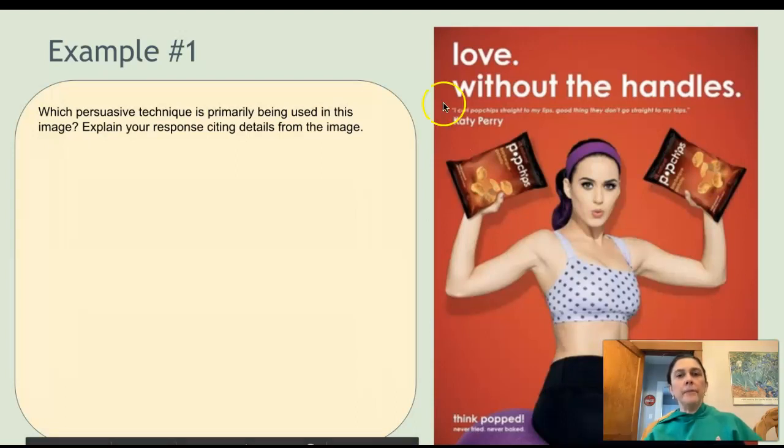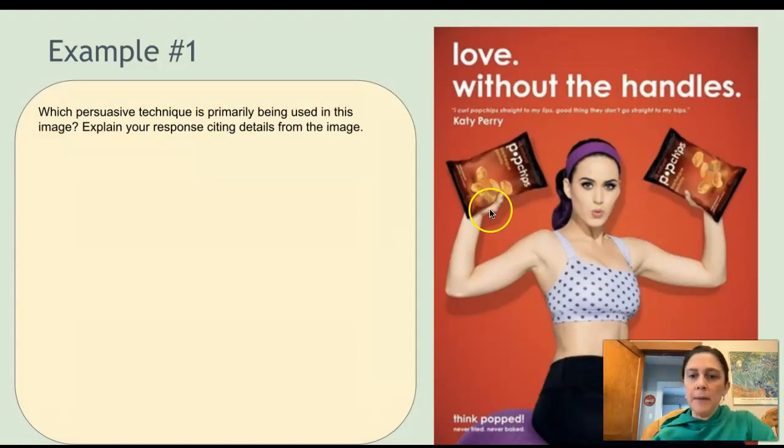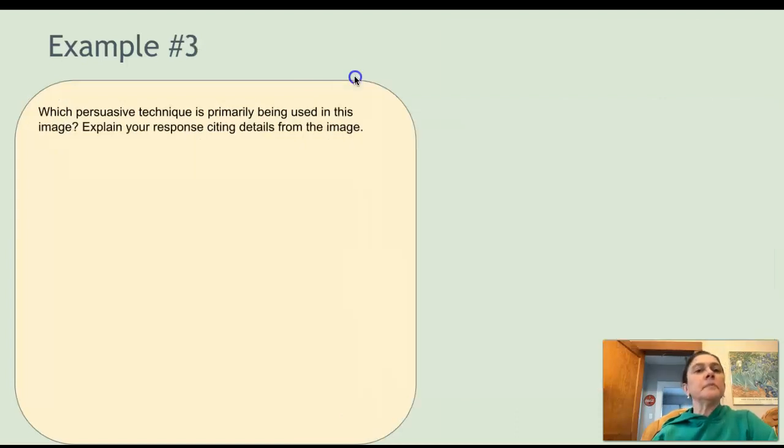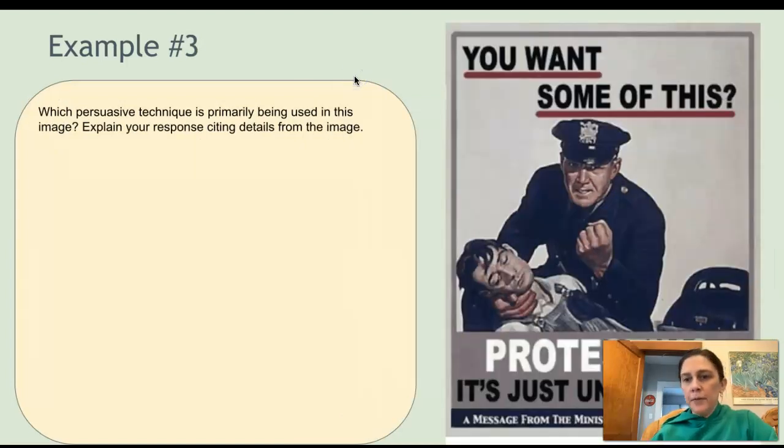So, this is our first example. Okay, you've got Katy Perry with some Pop Chips. The second example here, we have Barack Obama and Joe Biden, back when Obama was president, eating lunch in a diner, being served by a waitress, just eating some burgers. Example 3, we have an old-timey looking poster that says, "You want some of this?